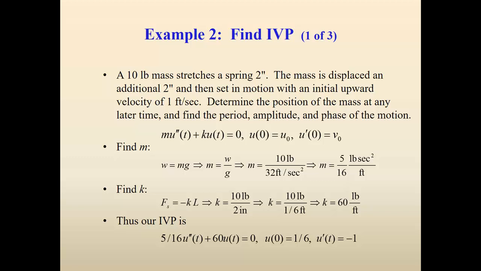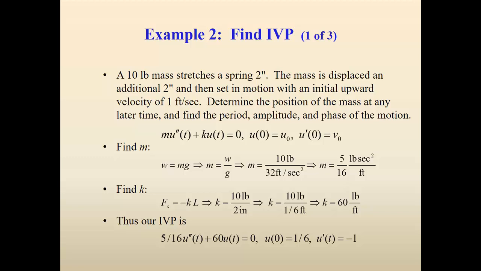So that's 10 pounds divided by 2 inches, or 10 divided by 1/6, or 60. So that extra displacement, that's my initial position, is 2 inches, or 1/6 of a foot, and an initial velocity of an upward or negative 1 foot per second.